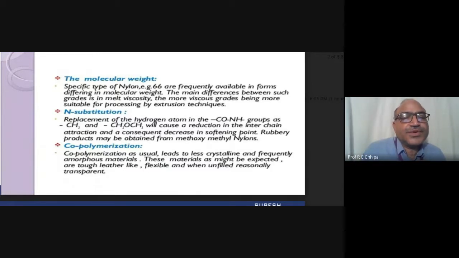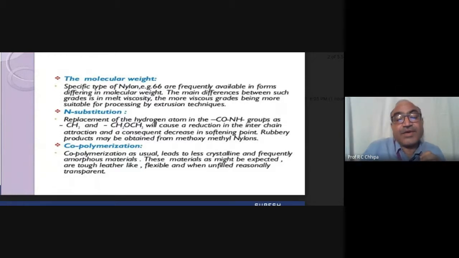So nitrogen substitution here, whatever that can be, the carbon double bond oxygen nitrogen hydrogen group. So CH3 here will cause a reduction in the interchain attraction and a consequent decrease in the softening point. The softening point can be decreased to the form of an elastic rubbery product.